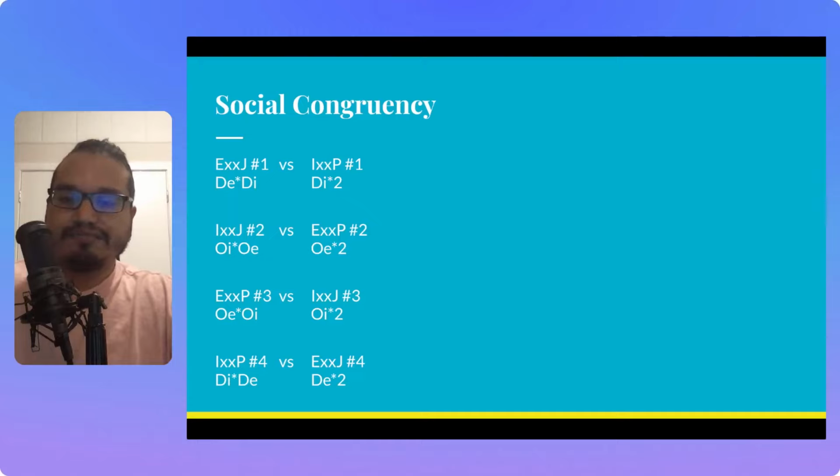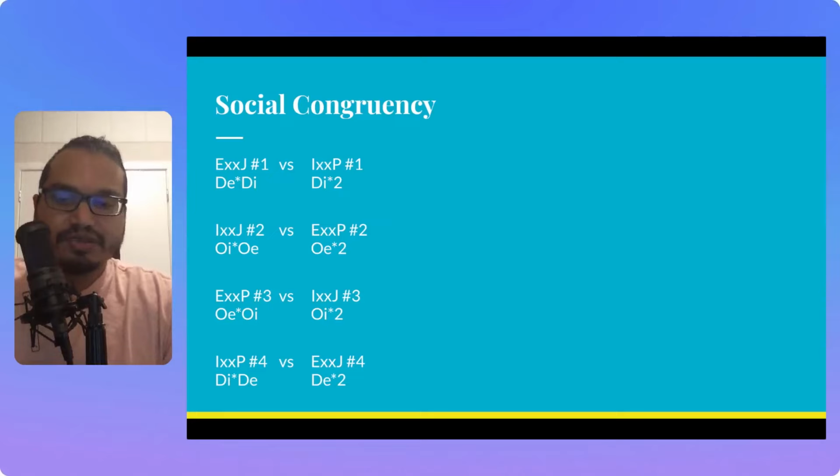The first is incongruency, and maybe incongruent has a negative connotation to it, but it's not really that way. So IP number fours are going to be split between their DI and DE, but the EJs are going to be doubling down on the DE with the friends.